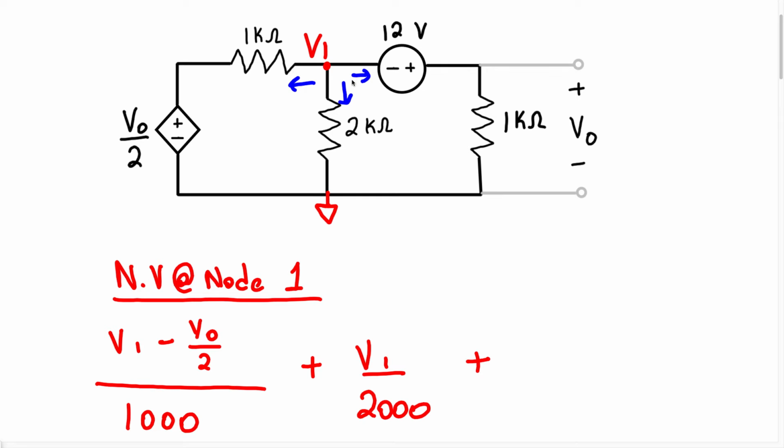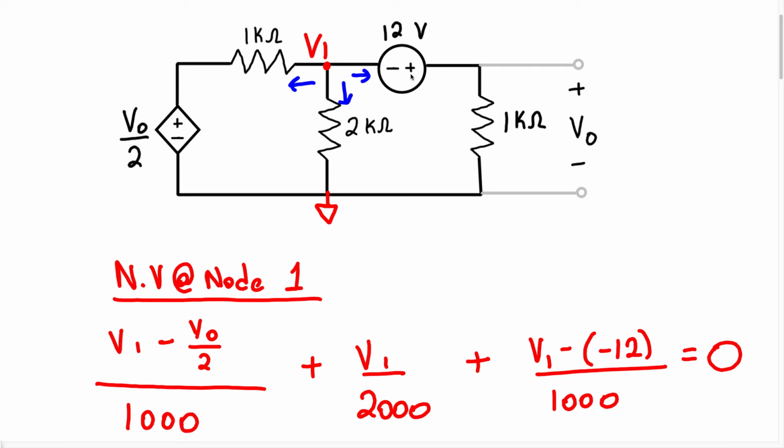So the current flowing through this particular branch is going to be V1 minus negative 12 over this 1K resistor, 1000. And that equals 0.